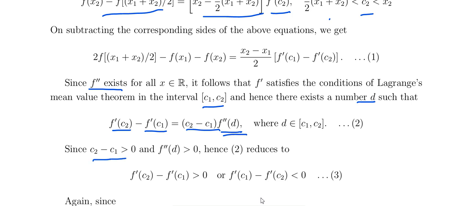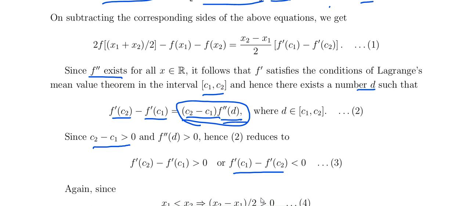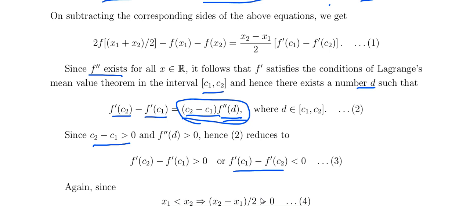What do we know? C2 minus C1 is greater than 0. So the second derivative of D is greater than 0. Then this output is greater than 0. If this is greater than 0, then f dash of C2 minus f dash of C1 is greater than 0. So f dash of C1 minus f dash of C2 becomes less than 0, if we multiply both by minus. What we have obtained here is f dash of C1 minus f dash of C2.